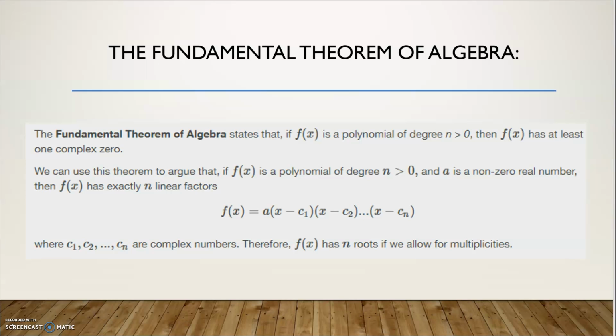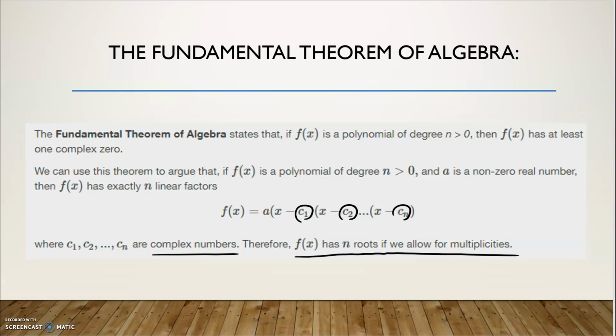So f of x is equal to a times x minus c sub 1 times x minus c sub 2 all the way times x minus c sub n. And all of those c values right here, they're talking about those being complex numbers. So therefore, f of x, this is the important part, has n roots if we allow for multiplicities.